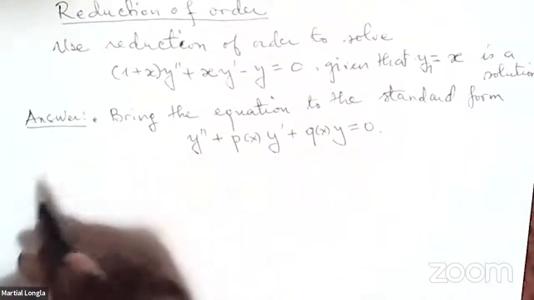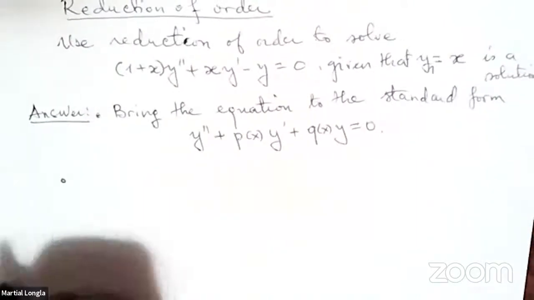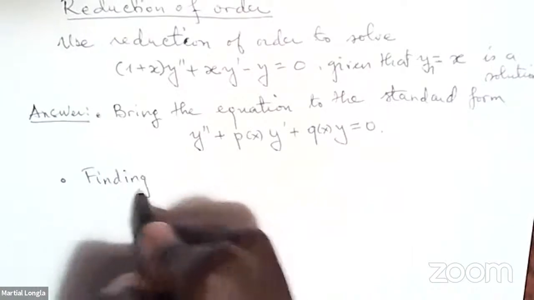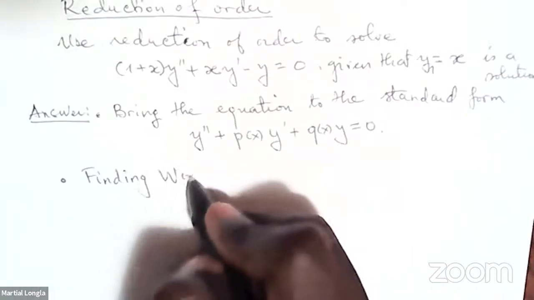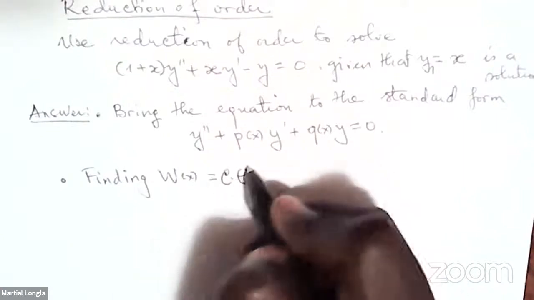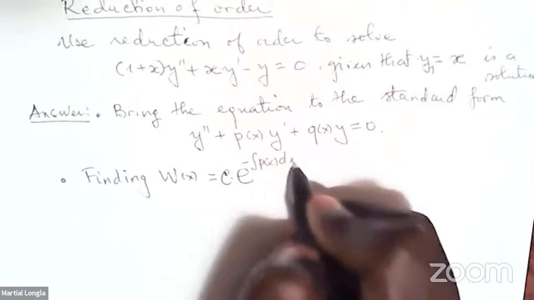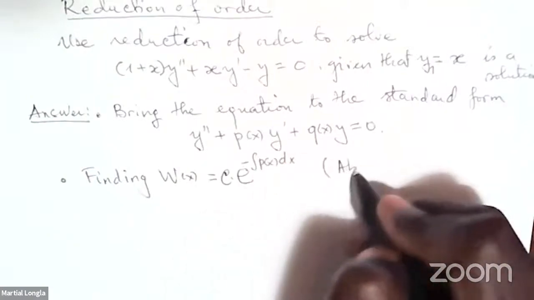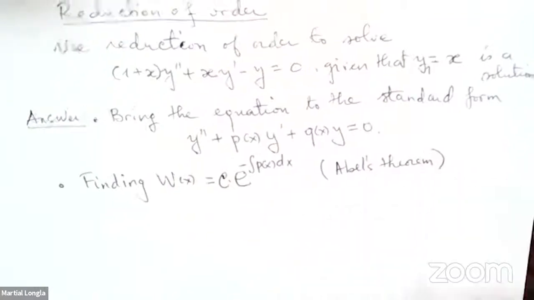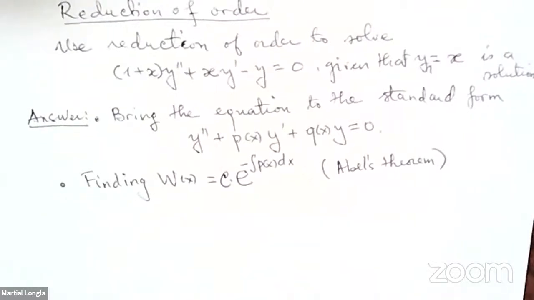Once you do that, you continue solving the problem by finding the Wronskian, which is a constant times e to the negative integral of p of x dx. This uses Abel's theorem. Finding that is just computing this integral.